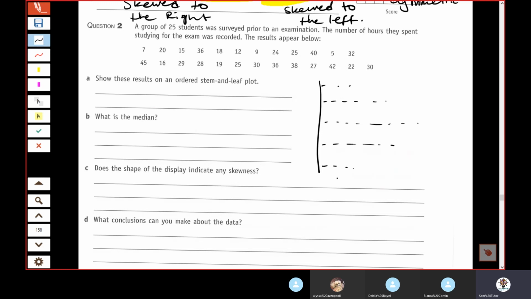What if I changed it up and I did this? That one would be, look, the bump is here and then a small tail there. So tilt your head to the right, and you could probably see that one. The tail is this way, so that is skewed to the right.